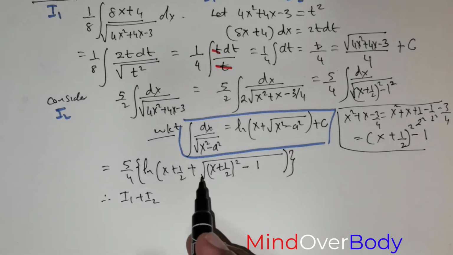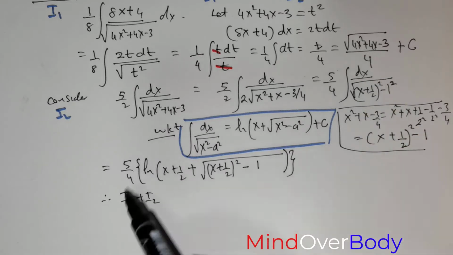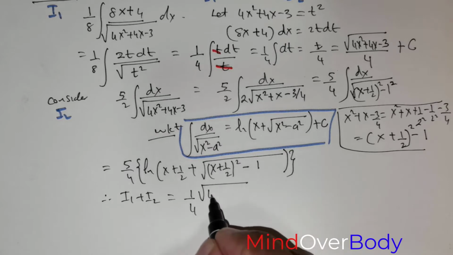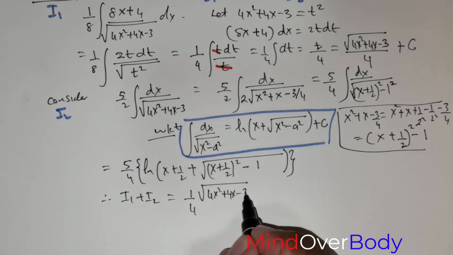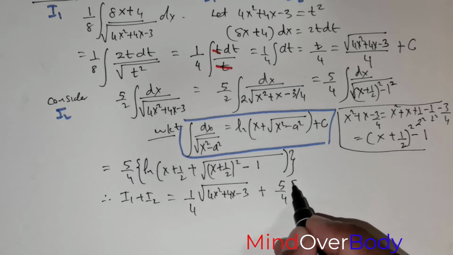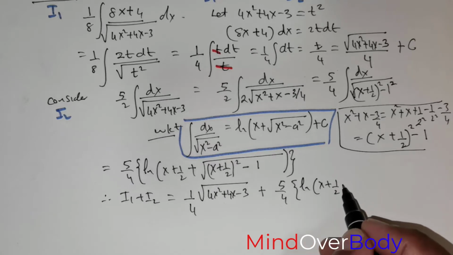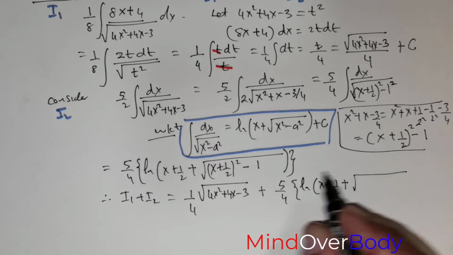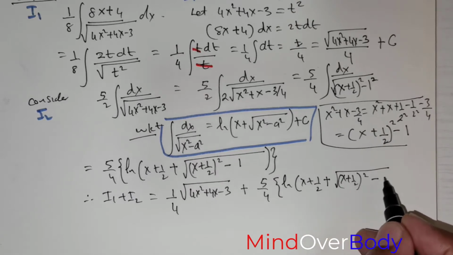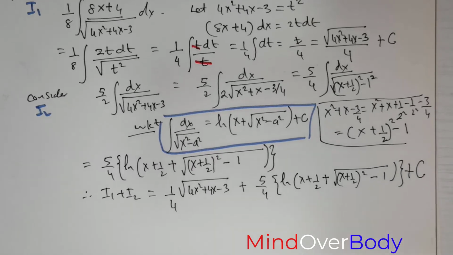So what exactly did we get in place of I1? Let me show you that. Write that down. So this is equal to 1 over 4 root of 4x² + 4x − 3, followed by a positive 5 over 4, and then you got ln of x + 1/2 + root of this quantity, that's (x + 1/2) raised to the power of 2 − 1, + arbitrary constant c.